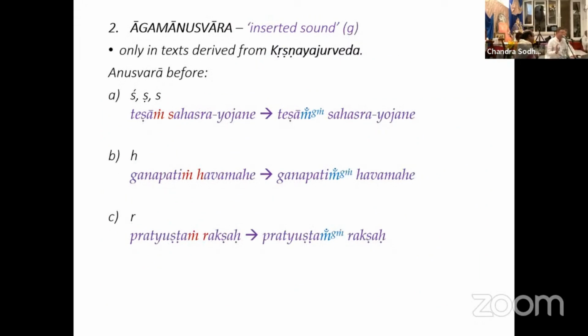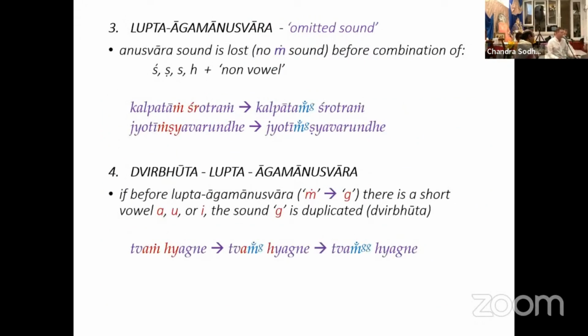So it's not only m, it's a gum, right? Okay, good. So this is agama anusvara, and then lupta. Lupta means omitted. So what has been created, we are now omitting. Lupta agama anusvara, meaning this is actually the lost sound. So no m sound before the combination of sh, s, h plus a non-vowel. For example, kalpatam shrotram.